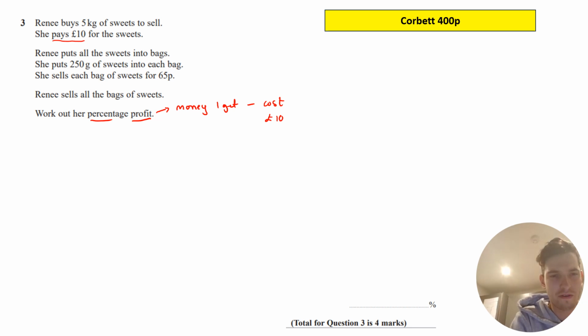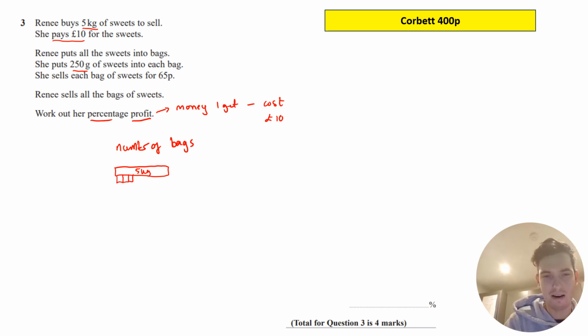Well, she's got 5 kg, and each bag has 250 grams. So I need to work out the number of bags. Okay, so she's got 5 kg, and each of these bags, I don't know how many there are, but I think each is 250 grams.